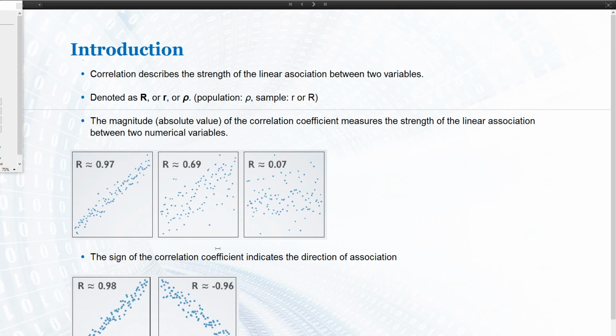Or in other words, pick a random point here, and if I go to the right from this point, I will mostly find data points that have higher Y values. That's a positive, strong correlation.